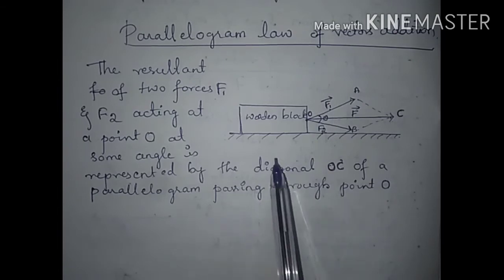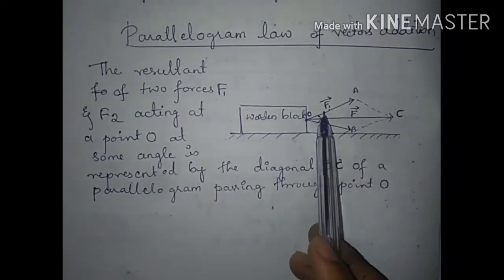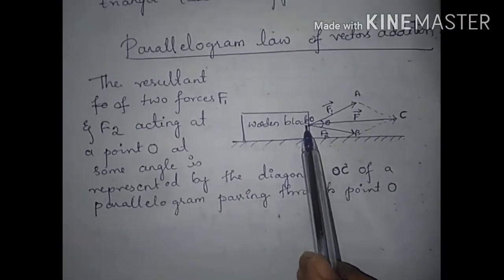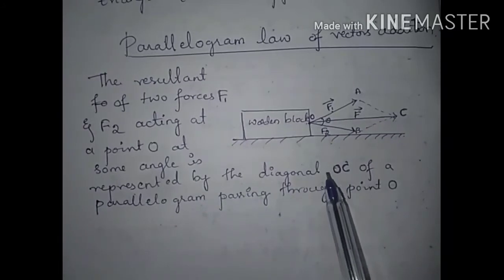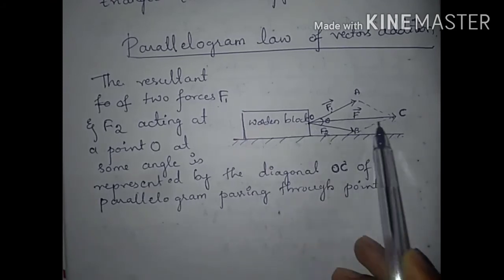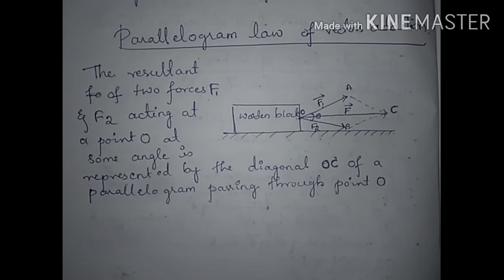So what we have done is take the resultant of two forces F1 and F2 which are acting at the same point O, and the resultant of these two forces can be given as the diagonal of the parallelogram. This is known as the parallelogram law of vector addition.